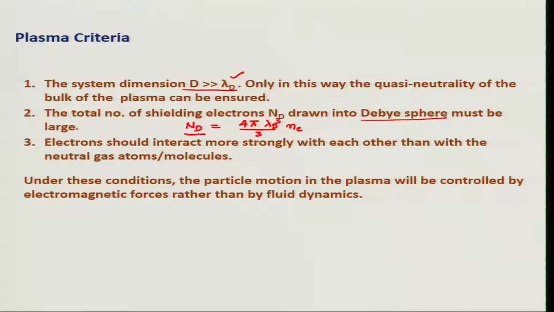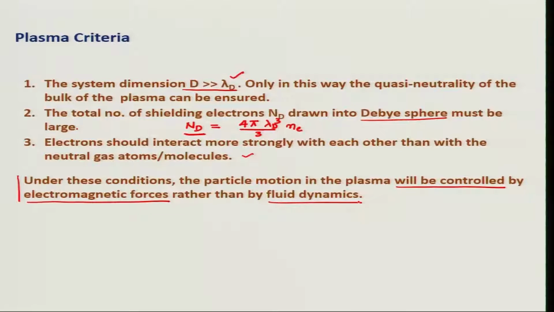And also electrons should interact more strongly with each other than with the neutral gas atoms or molecules. This is also an important criterion, and these are important because only under these conditions the particle motion in the plasma of electrons and ions will be controlled by electromagnetic forces rather than by fluid dynamics.